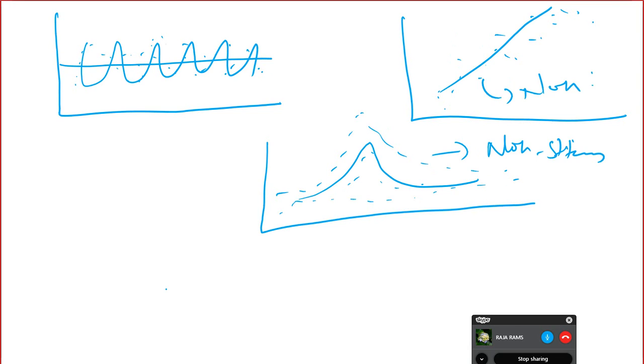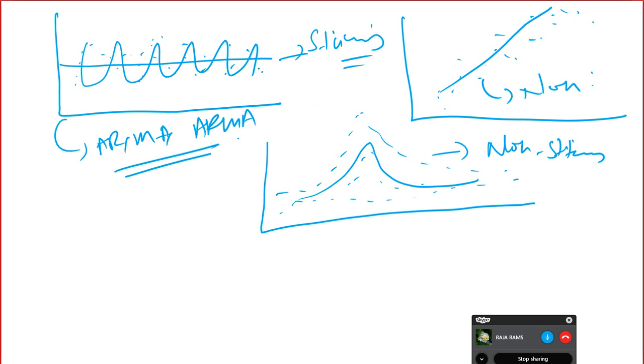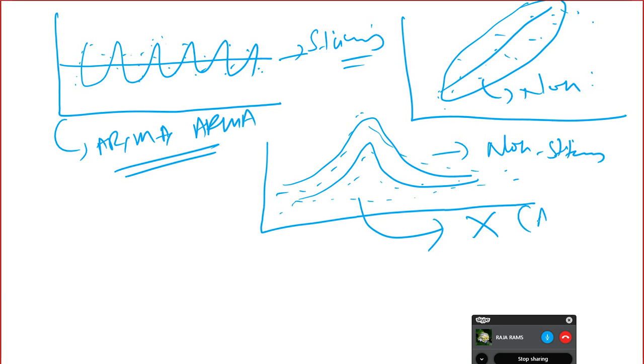So this is a typical stationary case. AR, MA and ARMA are all stationary models. That means when you see a trend like this or a non-constant variance like this, these models cannot be used for forecasting purposes.